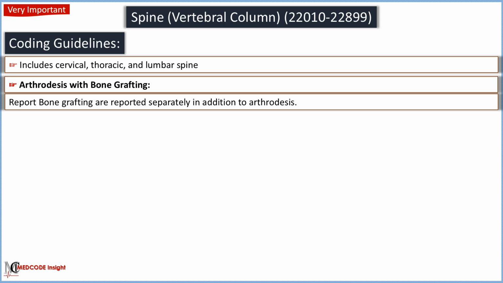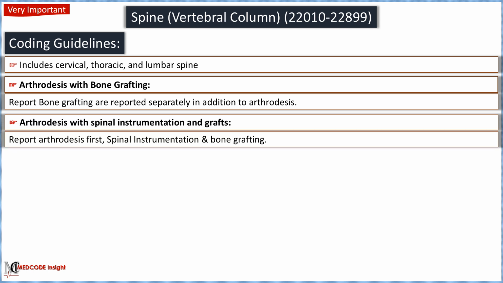Here are some important guidelines you need to know while coding for spine vertebral column orthodesis. When coding orthodesis with bone grafting, report bone grafting separately in addition to orthodesis. When coding orthodesis with spinal instrumentation and grafts, report orthodesis first, then code for spinal instrumentation, and then code for bone grafting.